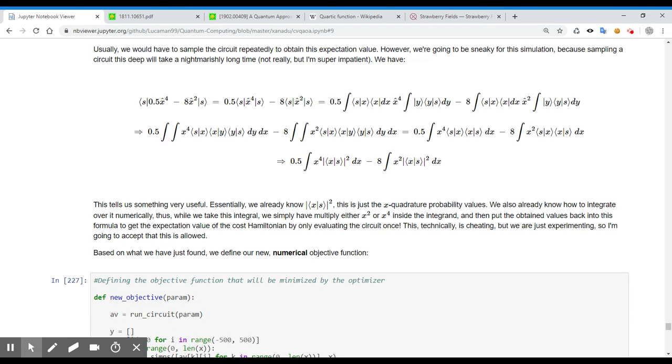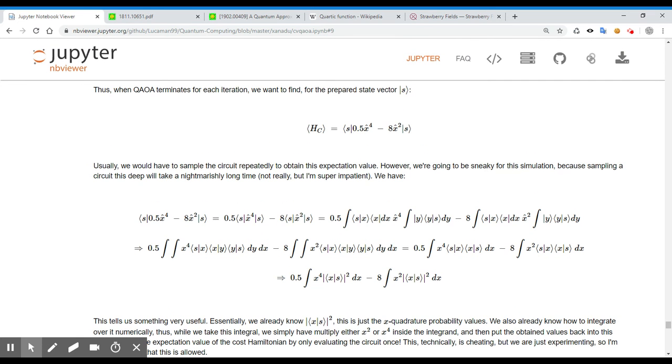And so what he does is he integrates. But what is he integrating? The state vector is that we would like to sample a circuit repeatedly to obtain the expectation value.